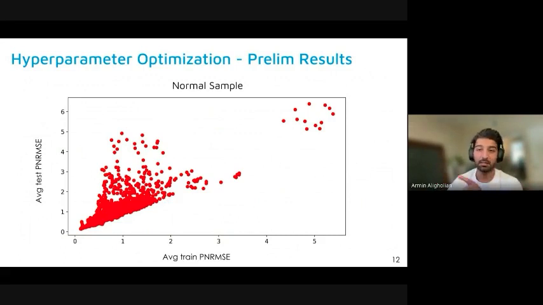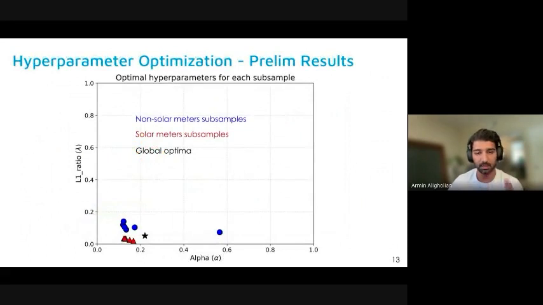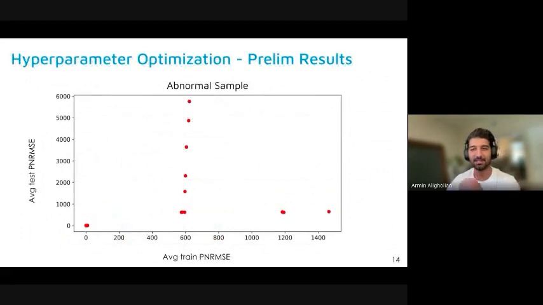And for that specific abnormal subsample, which is here, number 3, and it's non-solar. It's something that I saved in my code. So this is the abnormal sample. This is for that specific subsample.